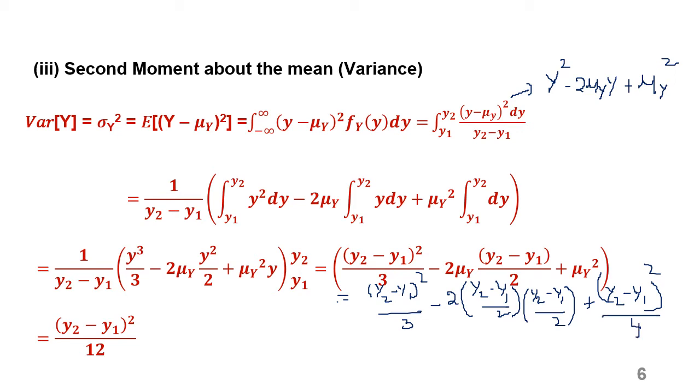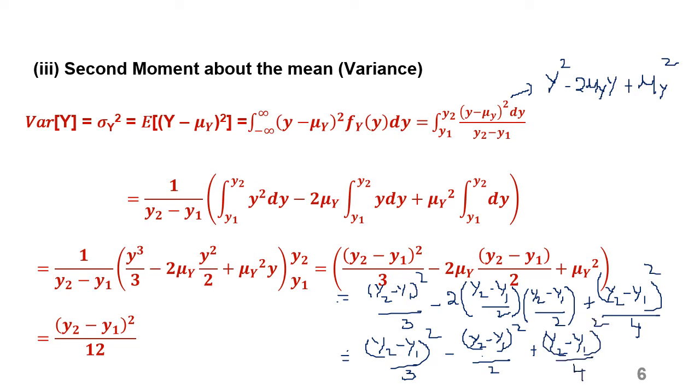Further simplification gives us (y2 minus y1) whole square by 3, minus (y2 minus y1) whole square by 2, plus (y2 minus y1) whole square by 4.